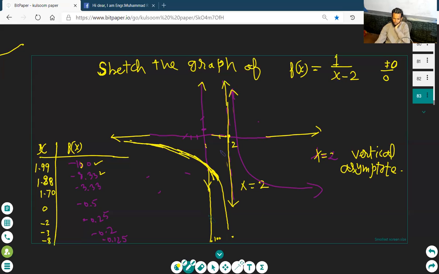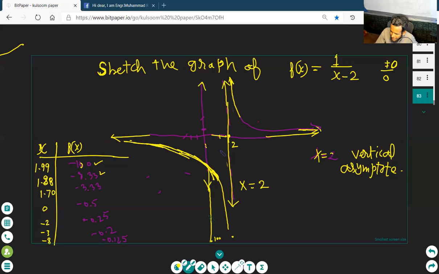Yes, good, good. But it is not parallel. You cannot make it parallel, it is not good. It will approach the y-axis. When we increase, this will also approach.